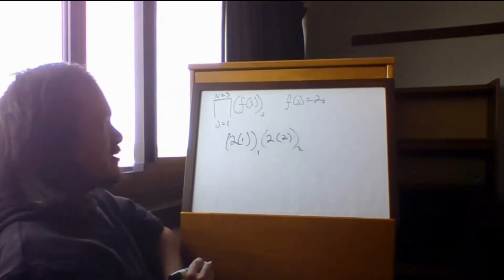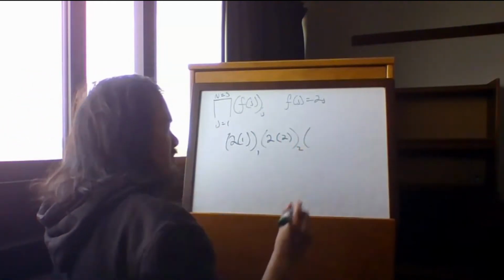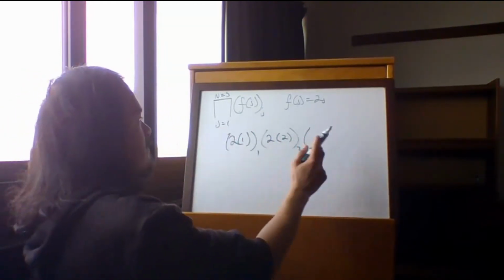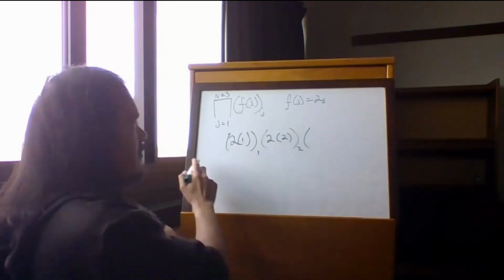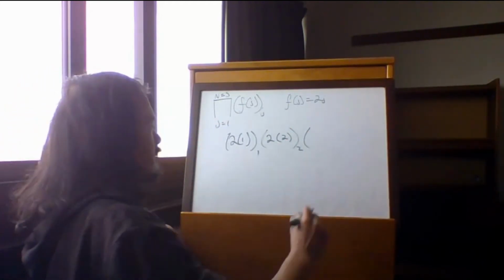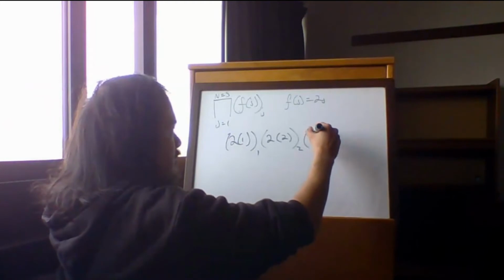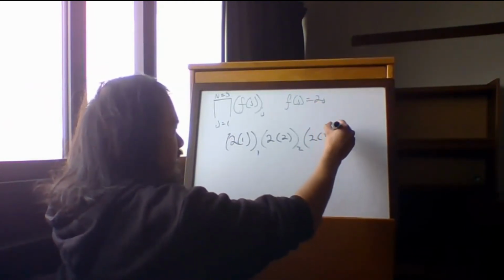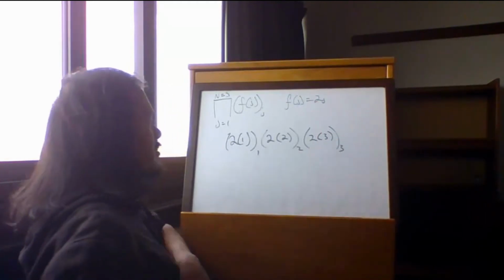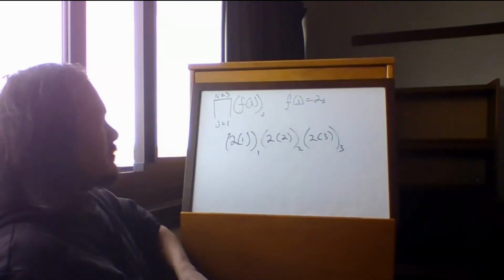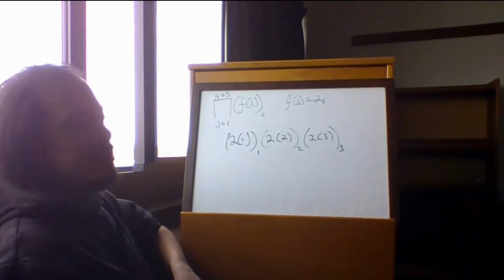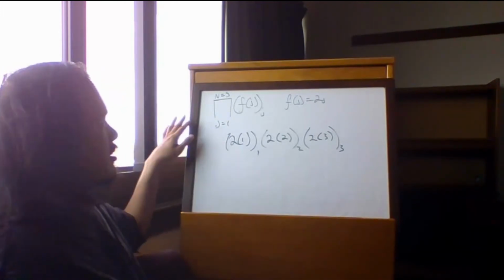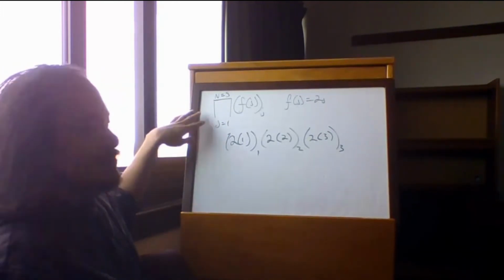This is our second one. And then we multiply again by the value of the function, which here is 2 times 3. That's our third one. So this is basically the output of our product.